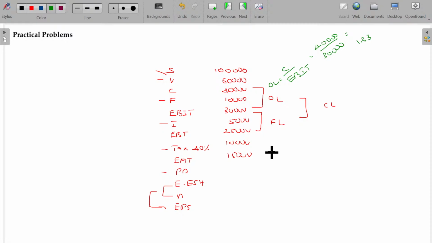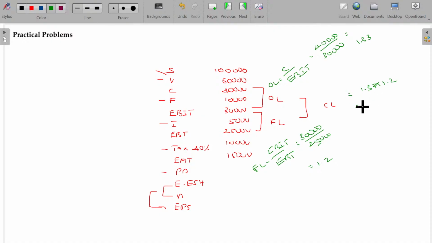In case of financial leverage, EBIT by EBT will be taken. EBIT in this case is 30,000, EBT is 25,000. Then 30 by 25, the ultimate value here is 1.2. If you combine these two, 1.33 into 1.2 will be the combined leverage.